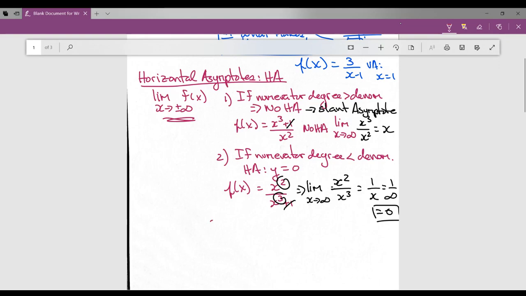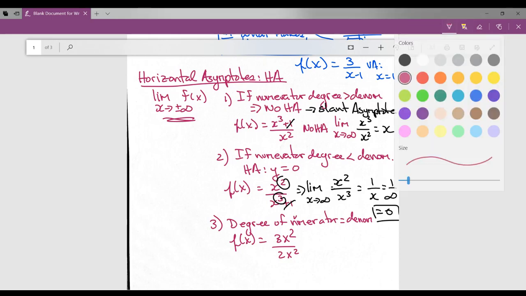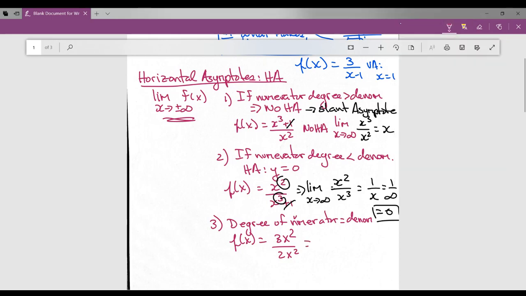All right. And then the third type, the degrees of, I'm supposed to have a u in there, numerator and denominator are the same. So f of x is equal to 3x squared over 2x squared. If you do the limit definition, we're going to get the limit as x goes to infinity.